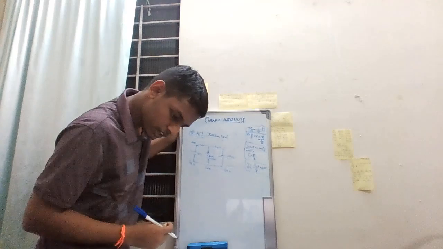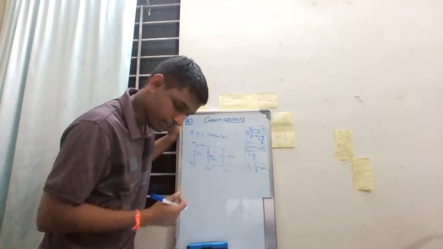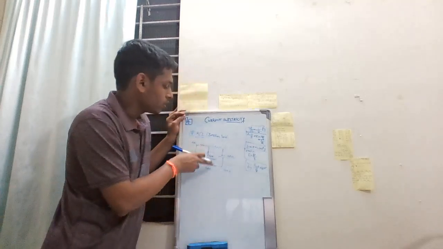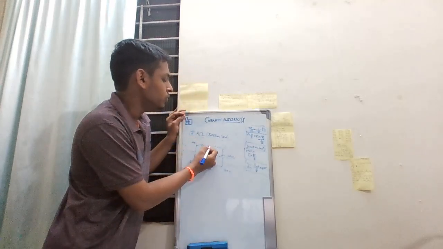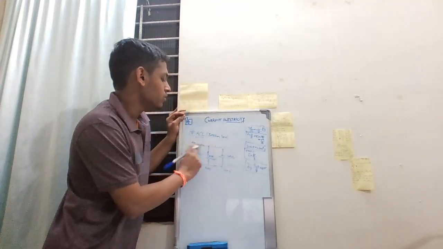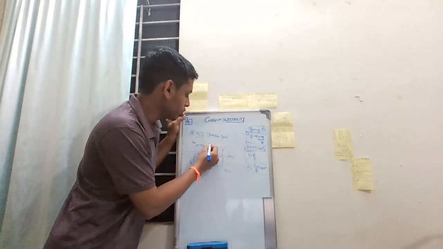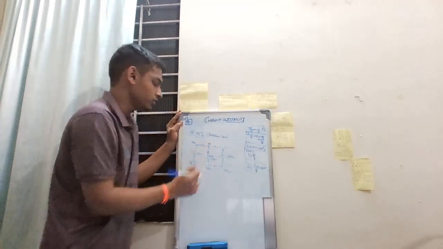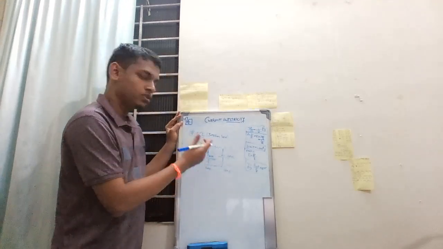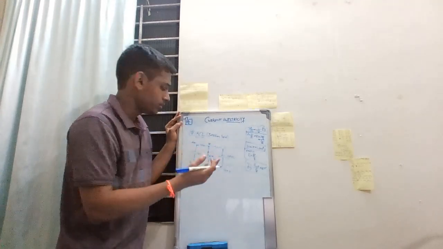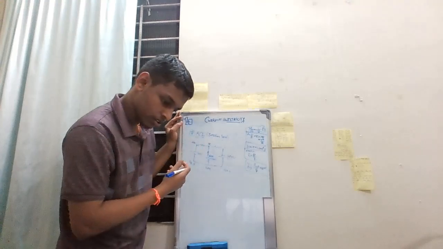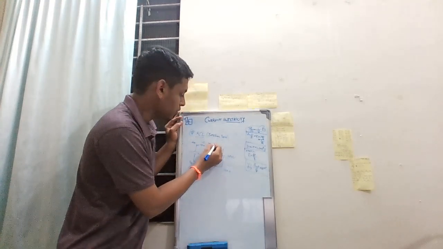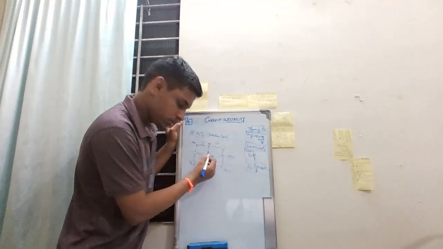We have to find out the current through each wire here too, so we have to take across the wire. We don't know the potential here, or else we could have taken it already, so this would be considered as X. We forgot to write the resistance, so that is 4 ohms, 4 ohms, and this is 8 ohms.